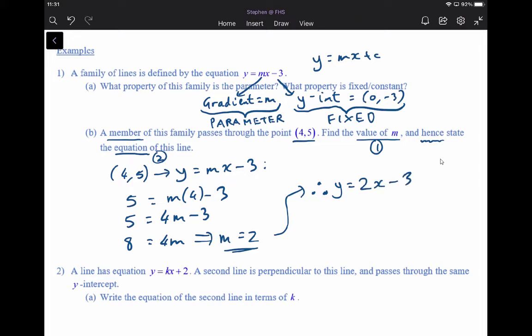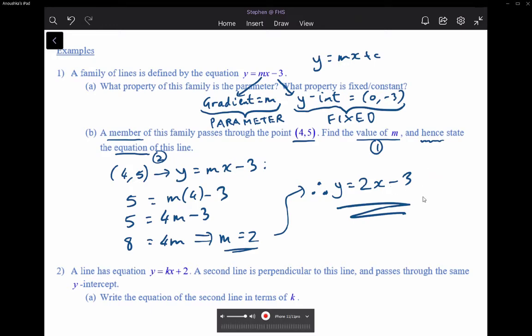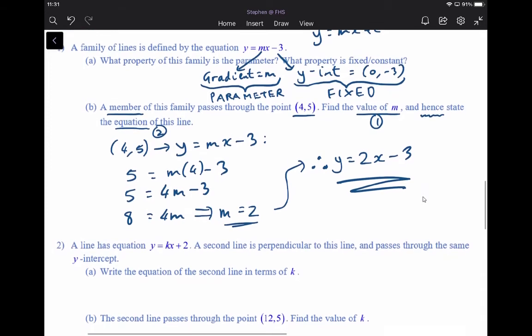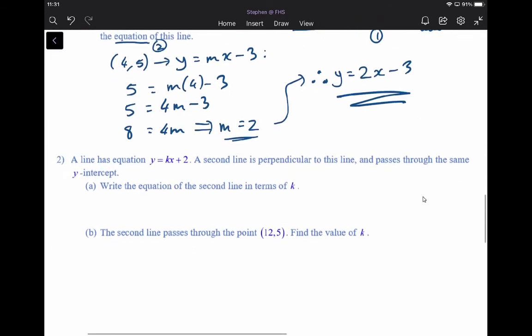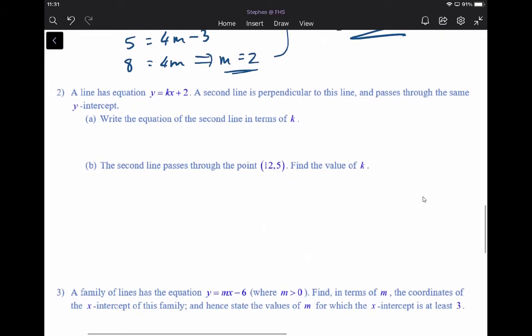So all you got to do is go back to y equals mx minus 3 at the very start of the question, look at the value of m that you've just found, which is m equals 2, and plug that in, and you get y equals 2x minus 3. And there you go, that is our answer. What you could do is you could even go to your calculator, type in y equals 2x minus 3 into it, and then you'll be able to see that it certainly goes through 4, 5. Excellent. Let's move on to our second example.